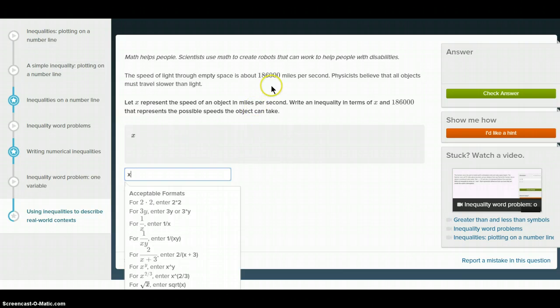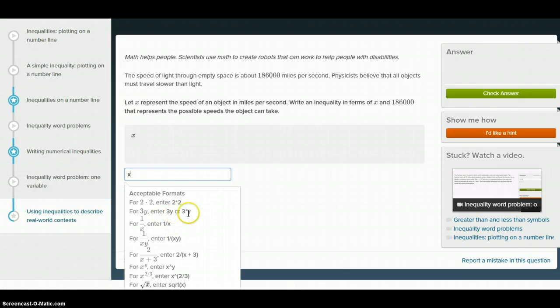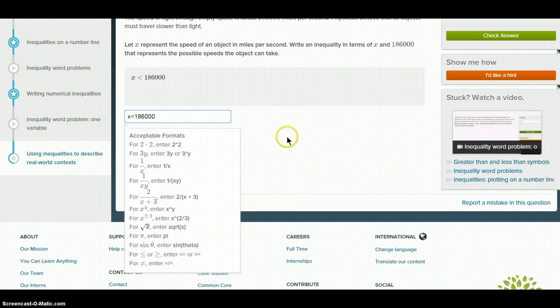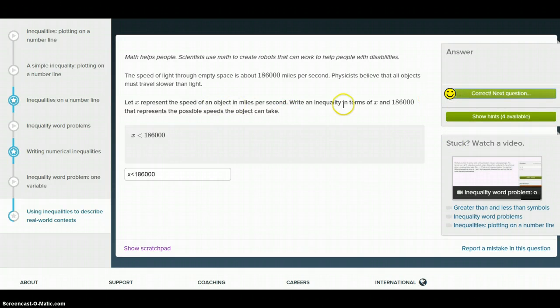If x travels slower, it's not going to be greater than or equal to, it's going to be less than. So we're going to write x is less than 186,000. We have to write miles per second here. Okay, good. So let's go to the next one.